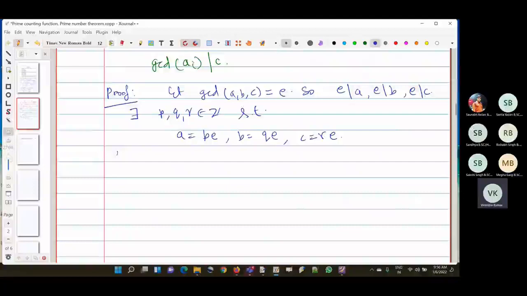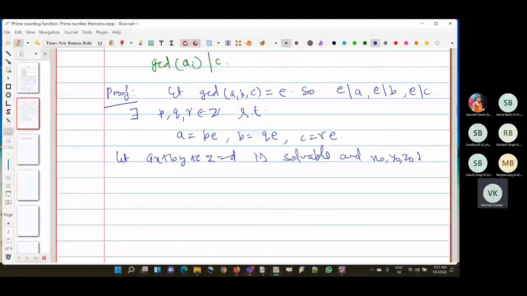So let ax + by + cz = d be solvable, and x0, y0, z0 be a solution of this equation.